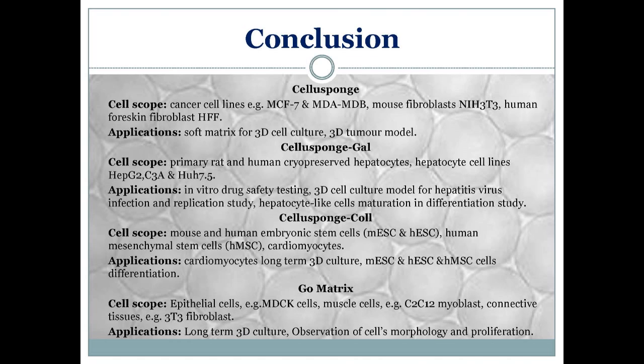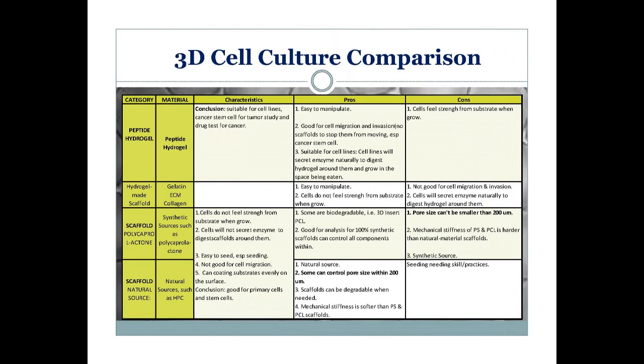Lastly, Go Matrix. Go Matrix is good for epithelial cells, muscle cells, and connective tissues. Its application, long-term 3D culture, and because of its custom and uniform pore size, it is good for observation of cell morphology and proliferation. Here we give you a rough 3D cell culture comparison.